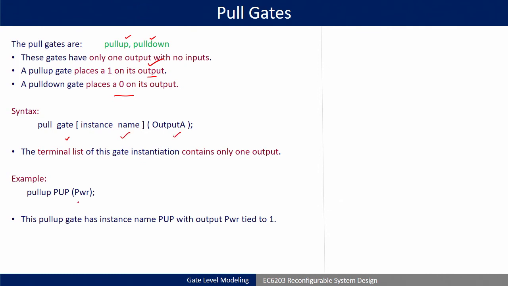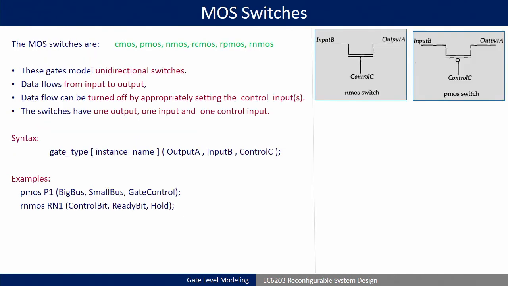So, here my power is one node in a design, which has a syntax of pullup and it is pulled up to a value of 1, that is your high voltage of the design, meaning your maximum voltage, like 5 volts. Okay. So, this pull up gate is an instance with pullup and power PWR is pulled up to 1, understood.